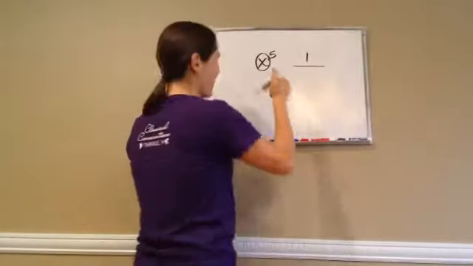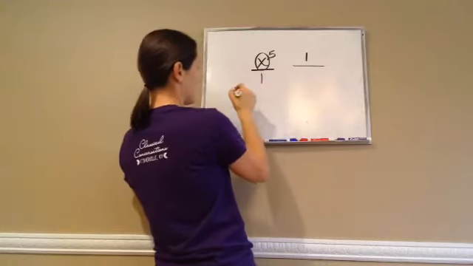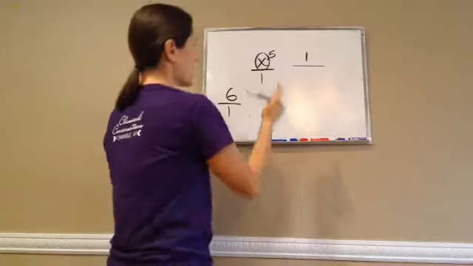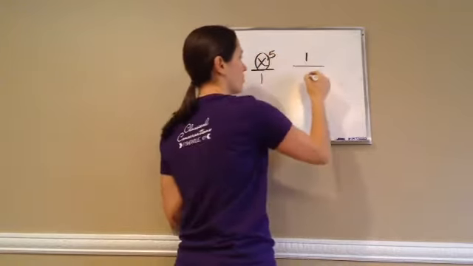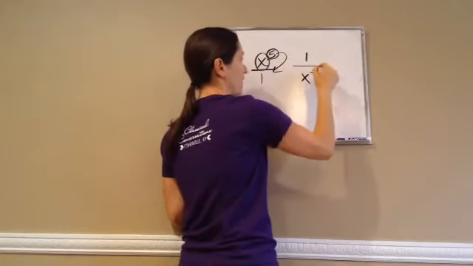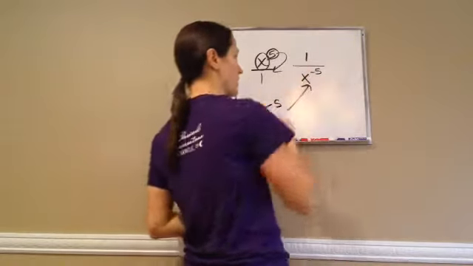Yes, Isaac, thank you. x is really x over 1, just like 6 is 6 over 1 as a fraction. So we flip it and make its reciprocal, 1 over x, and make the 5 a negative 5. So x to the fifth is this if you want it to become a negative 5.